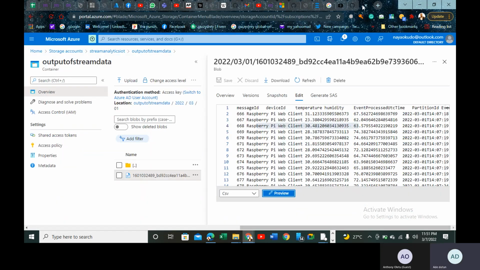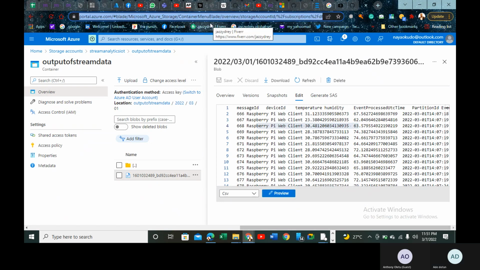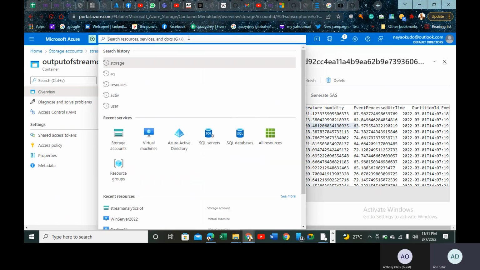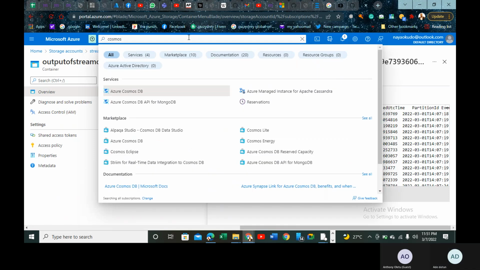So let's deploy CosmosDB. We go to global search, CosmosDB. Well, it's kind of hanging. Okay, so you can see there are two types: Azure CosmosDB, then Azure CosmosDB API for MongoDB.